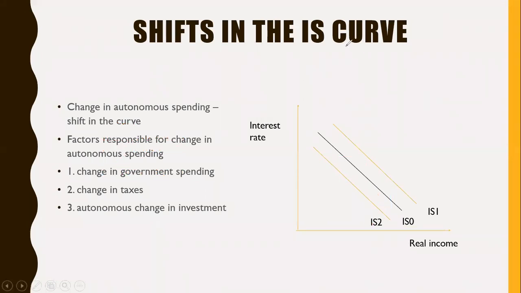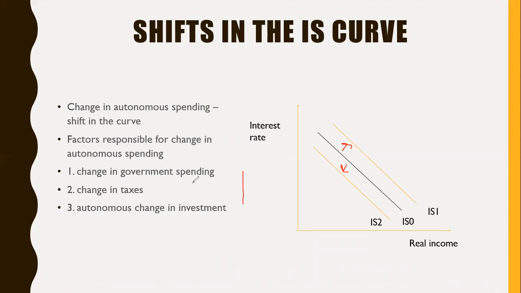After considering slope, next we are considering the shift in the IS curve. The IS curve shifts to the right side or to the left side, meaning increase or decrease. So what are the reasons behind this shift? The reasons behind this shift are changes in these factors which we have listed. When these factors shift, a favorable change will shift the IS curve to the right, and an unfavorable change will lead to a shift of the IS curve to the left.